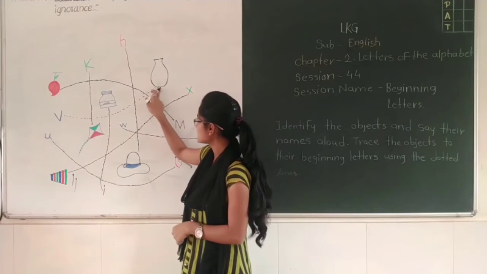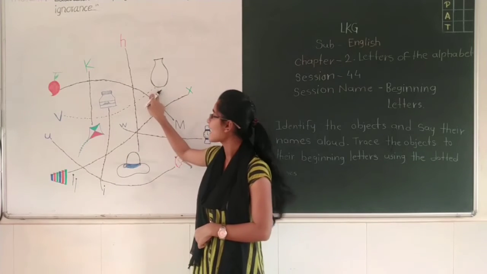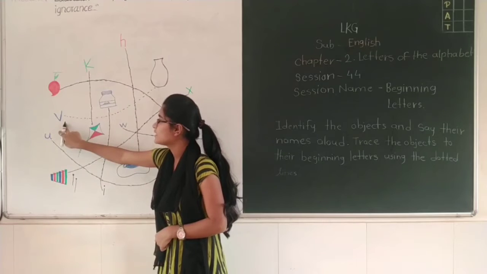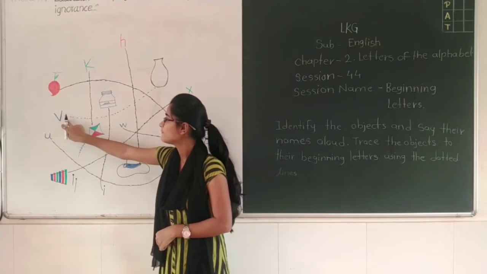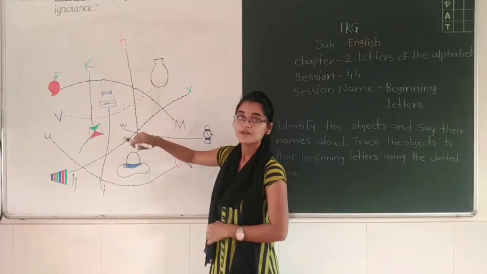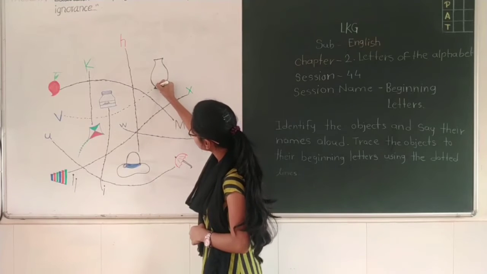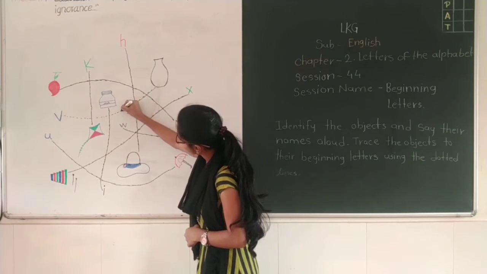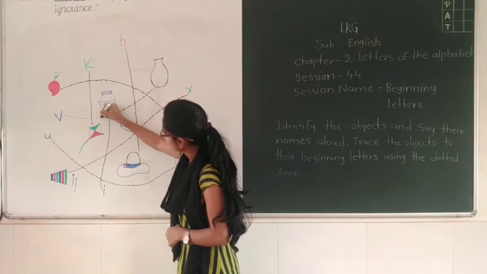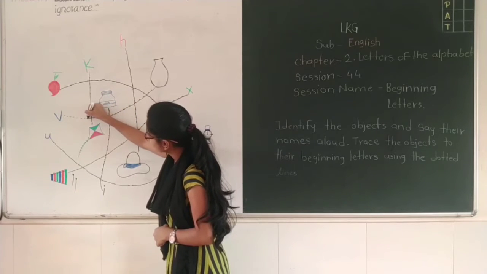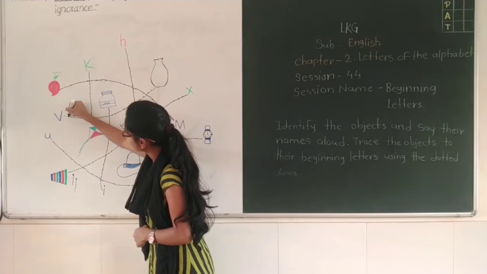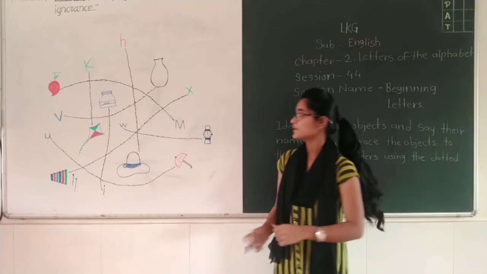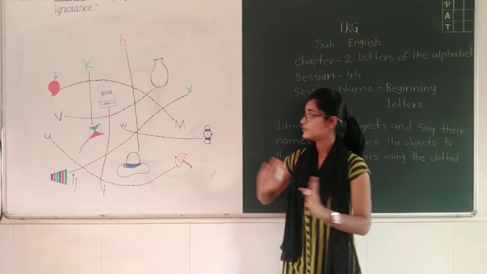Now as you can see, this picture of vase and letter V is joined by dotted lines. So you have to trace this dotted line and match the picture of vase and letter V. Okay? So look at here.